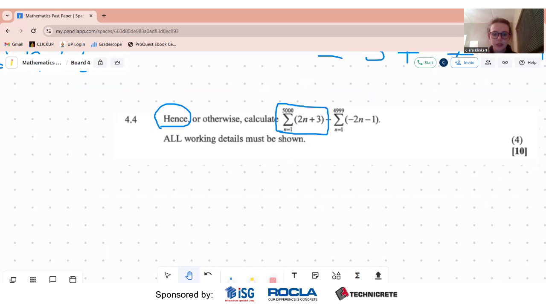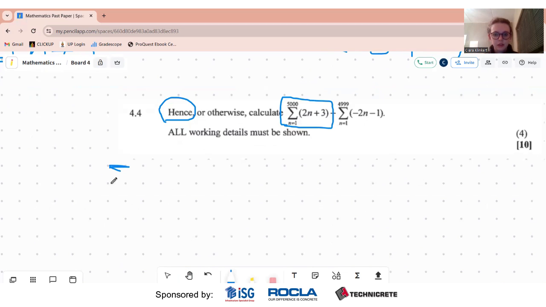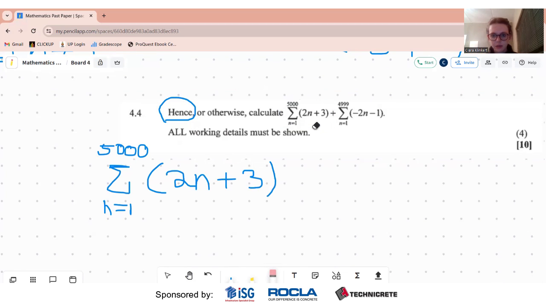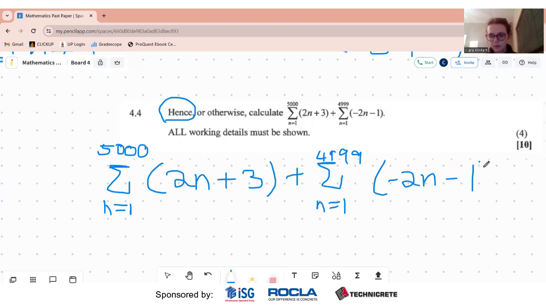So we are going to say the sum from n is equal to 1 to 5,000 of 2n plus 3. And then is that a plus or a minus? Plus the sum from n is equal to 1 to 4,999 of minus 2n minus 1.